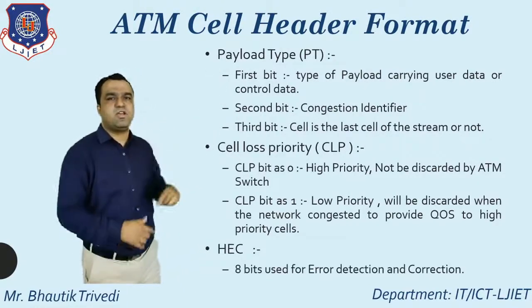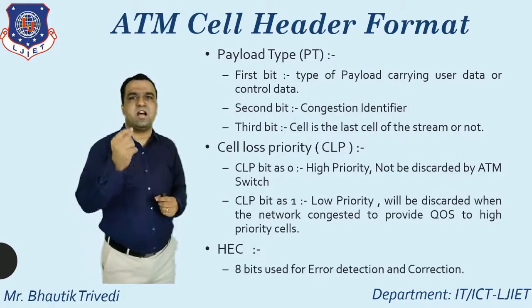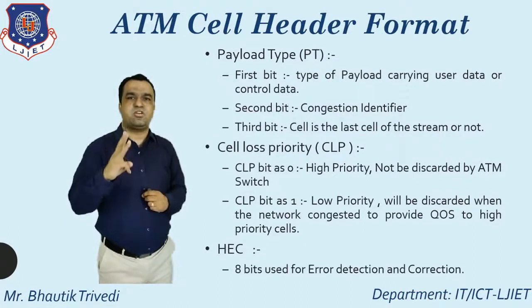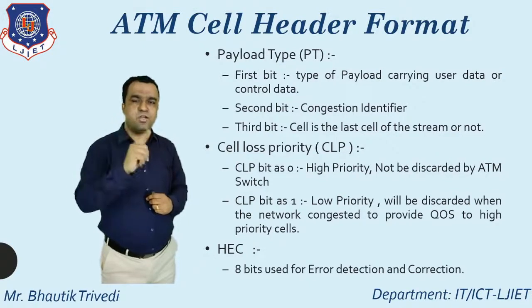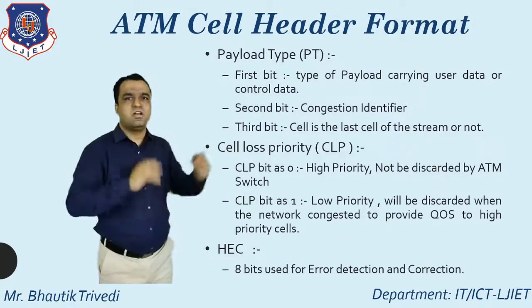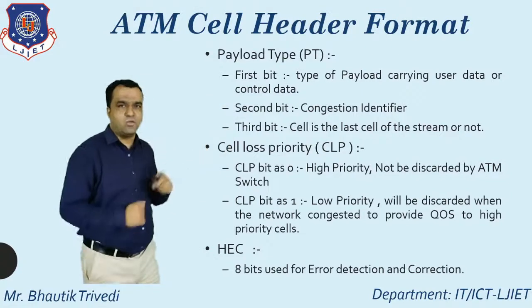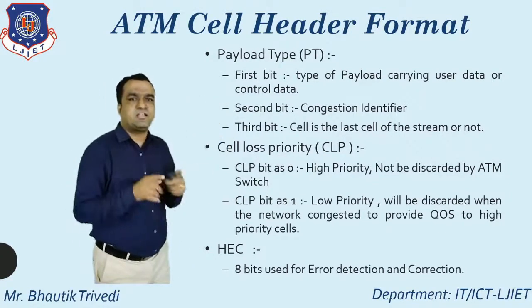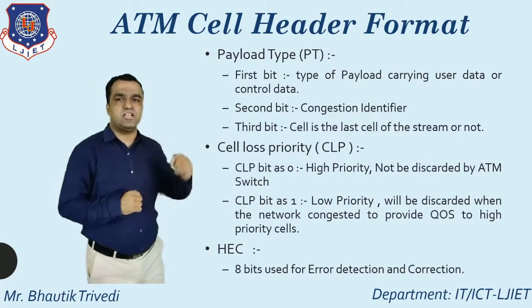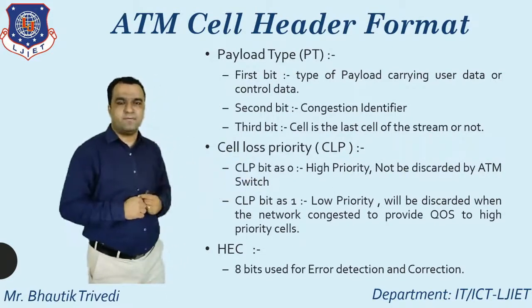Here you see payload type. How many bits does payload type contain? Payload type contains only 3 bits. Out of the 3 bits, the first bit identifies the type of the payload, whether it carries user data or control data.